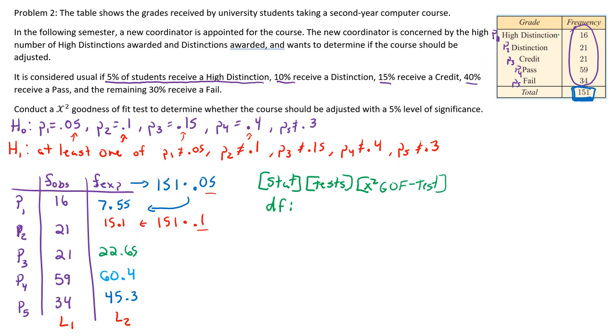So once again, I have 1, 2, 3, 4, 5 categories. So 5 minus 1 is 4. So degrees of freedom is 4. Just going to let the calculator do the work. And it's going to tell me that the chi-square calc value is 14.7. And it also, using that test, is going to tell me the p-value is 0.00529.